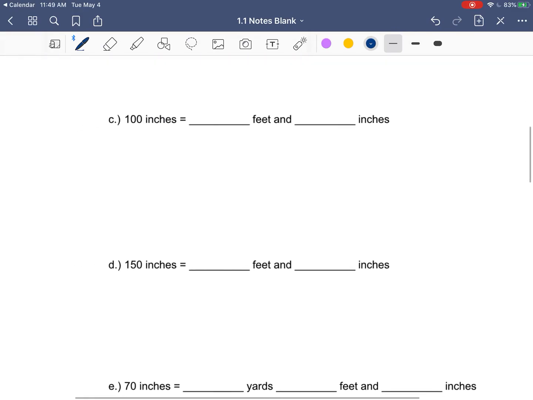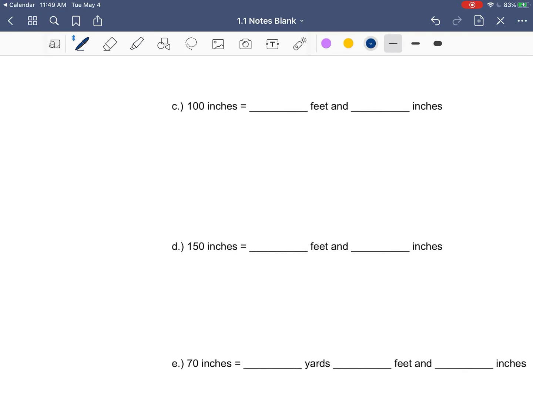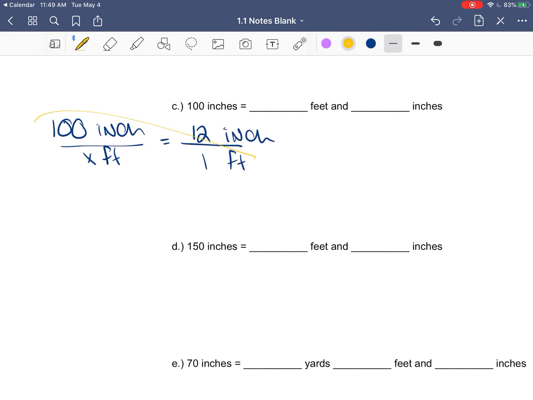So example C, 100 inches, we're going to put that into feet and inches. In my 100 inches, how many feet? Well, I know my units have to match up. There is 12 inches in 1 foot. That is our conversion factor. Again, multiply the pair, divide by the spare.